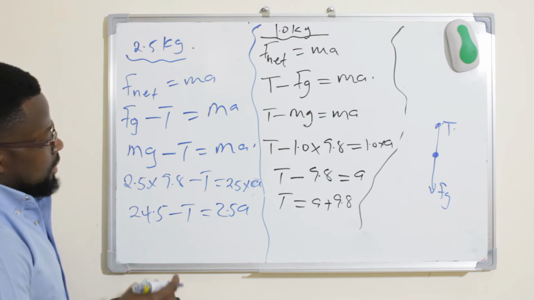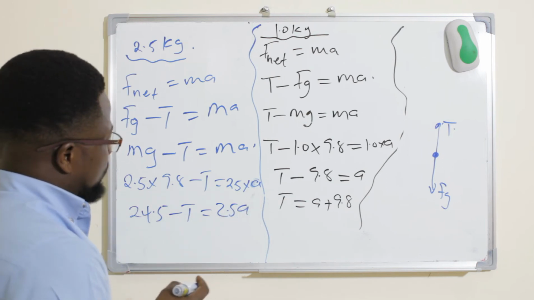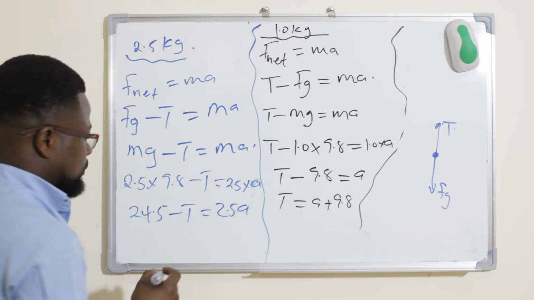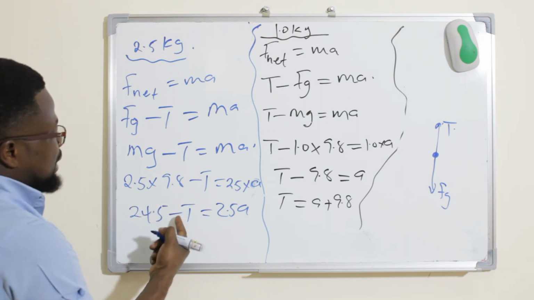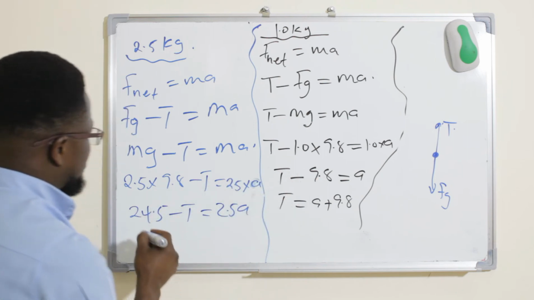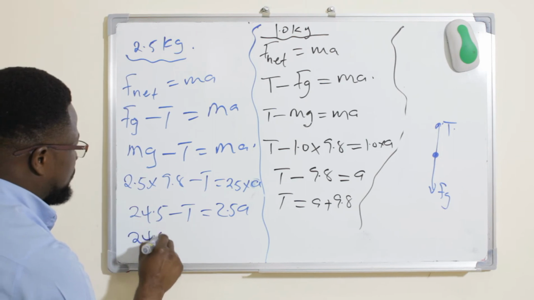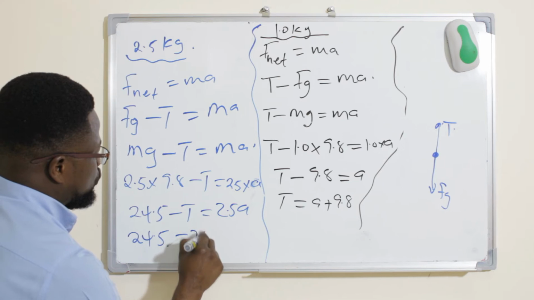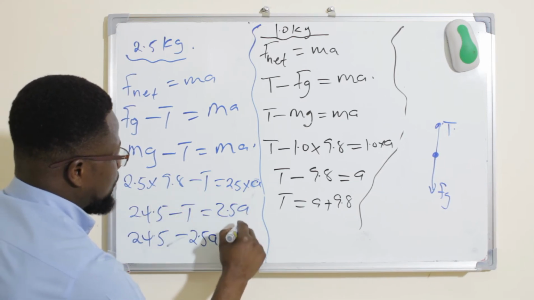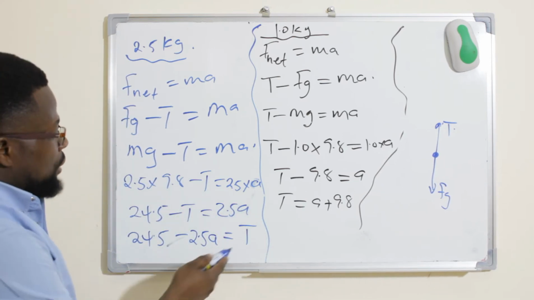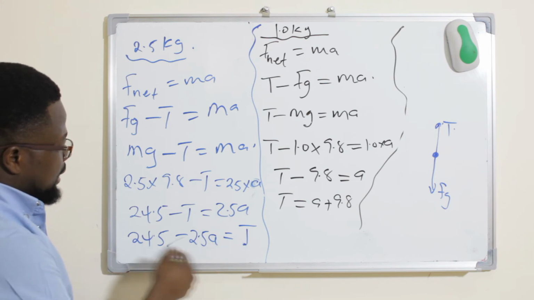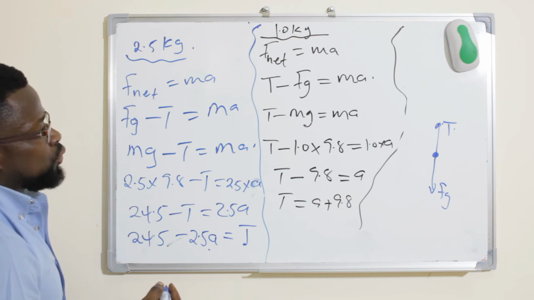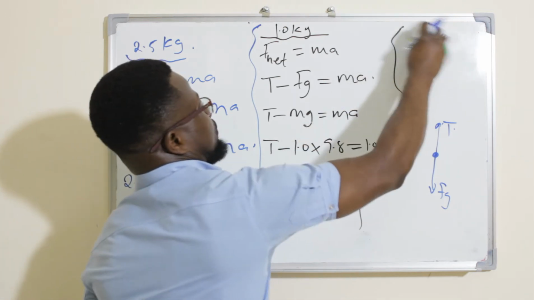Okay, tension is here, tension is there. I am going to substitute the value of the tension here into this equation. Or I can make the tension the subject and then solve the other way around. So I can say this is 24.5 minus 2.5A equals to T. Now these two, T is this and T is this as well. I can equate the two and solve them together. So let's do that.